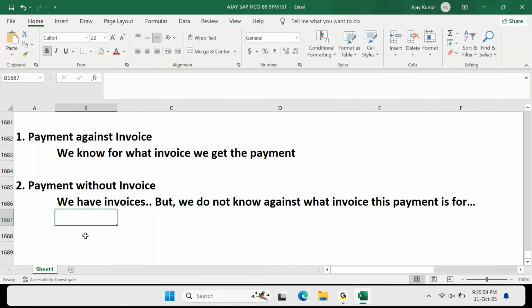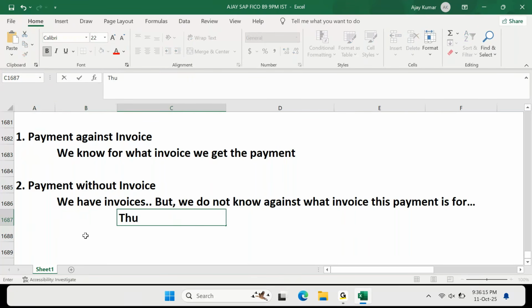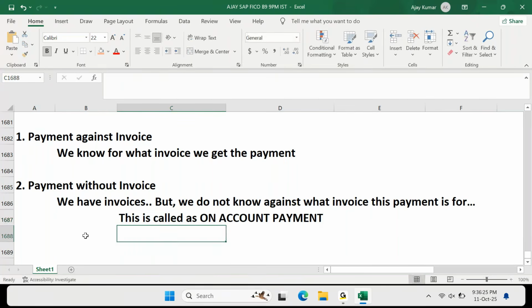In this case, you have the invoices, but either you are not telling this payment is for this, or you are not told by the customer this payment is made for this invoice. Agree? So this is called on account payment. On account payment means payment recorded without referring to an invoice. Clear these two?